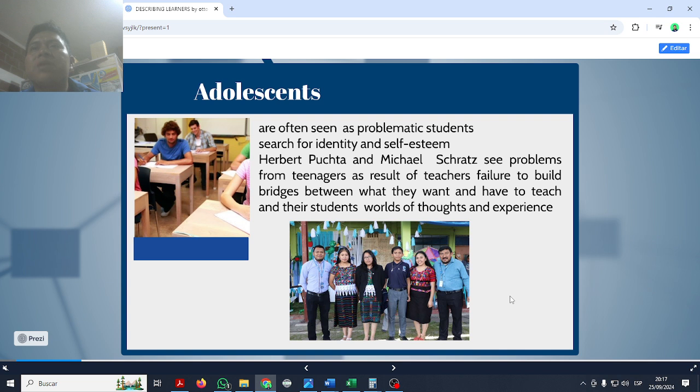It's very important to know this age and to teach according to the age, and use different activities like movement techniques, role plays, and other activities to motivate students.